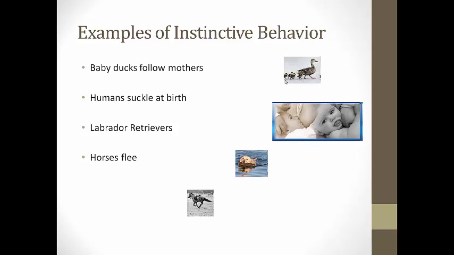Another great example of instinctive behavior is that at birth, humans, and I'm sure almost all mammals do this as well, will immediately start rooting around with their little faces looking for a breast upon which to suckle. And this is obviously a very valuable trait, because you want that baby to start eating ASAP.